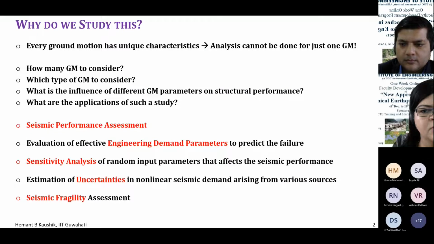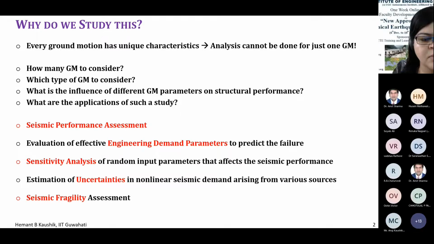So the first question that came to our mind is, why do we study this? Why are we so bothered about the influence of these ground motions on the structures? The first thing is, every ground motion is unique in the sense that whatever ground motion record you have, you compare it with any other ground motion record that is available anywhere, and you will never find that two ground motions are, forget about exact similarity, even approximately similar.